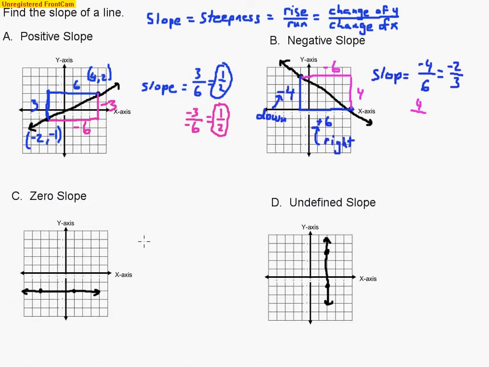So again, it's +4 because I'm going up, and -6 because, again, I went left. So whenever you go left, that means that it's going to end up being negative. So I'll write down -6. And so when I reduce those two fractions, I end up getting that same answer, -2/3, because we have only one negative. So there it is.